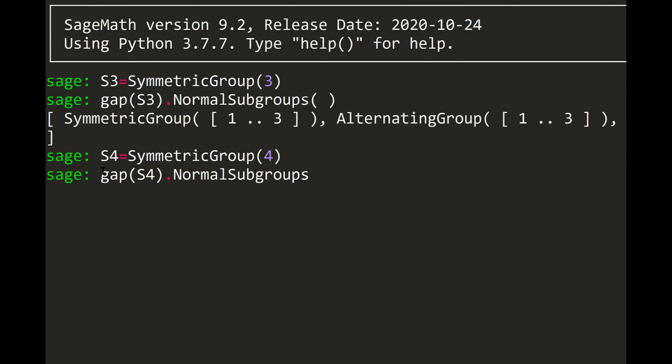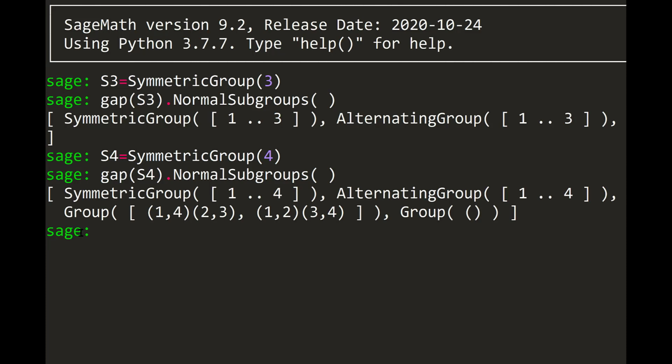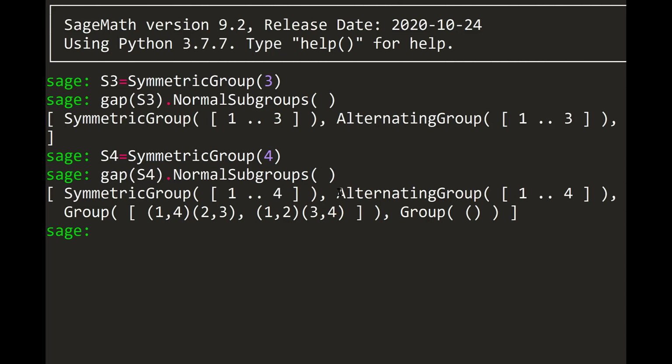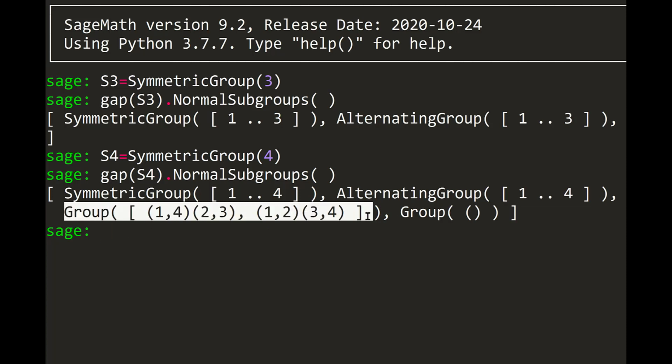So let's list the normal subgroups. What it gives us is the symmetric group, the group itself, then the alternating group, we know that will happen always, the trivial group, and then we got this group here, generated by these elements. So let's just go back and look at this group and see how we can have Sage Math compute the factor groups for us, okay?